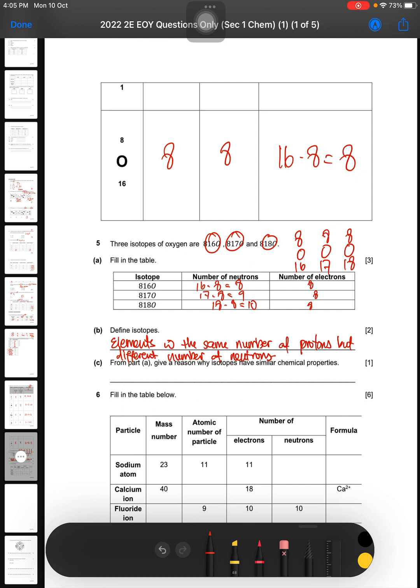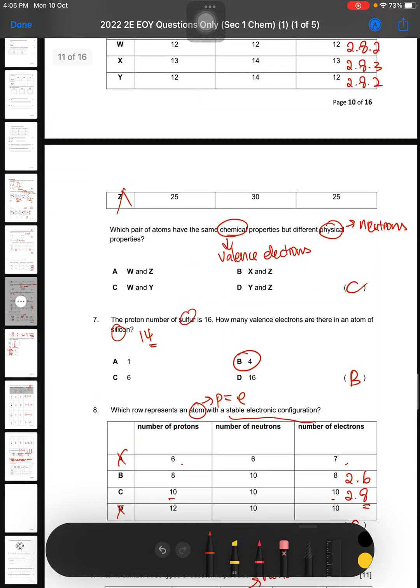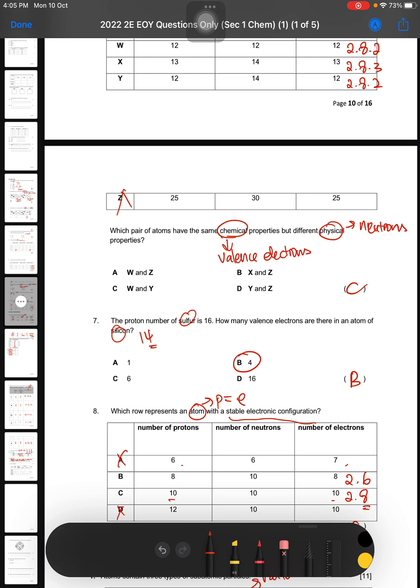Okay, from part A, give a reason why isotopes have similar chemical properties. So they already say from part A, right? So you're supposed to get the answer from A, the table here. Okay, so I mentioned before, in one of the MCQ questions just now, that chemical properties or chemical reactions are dependent on the valence electrons.